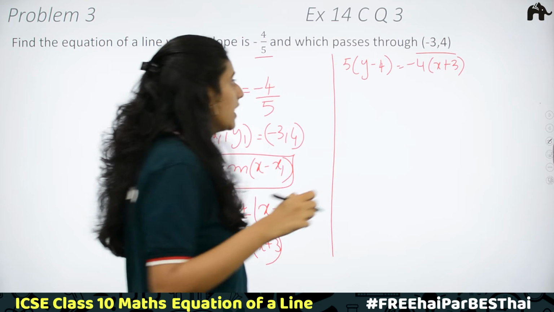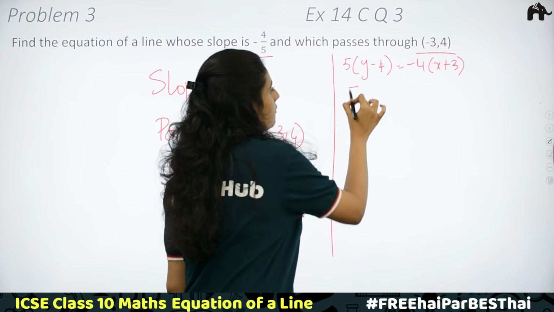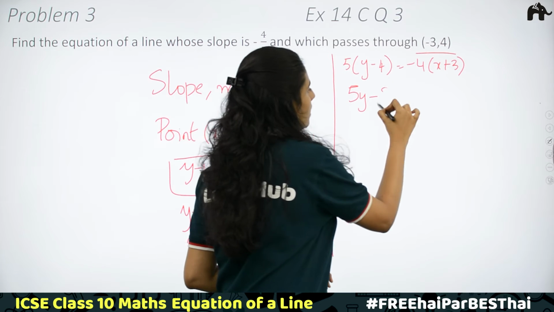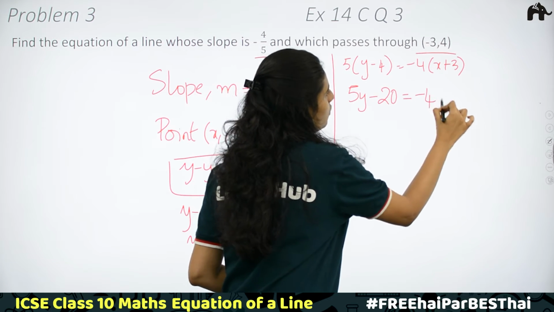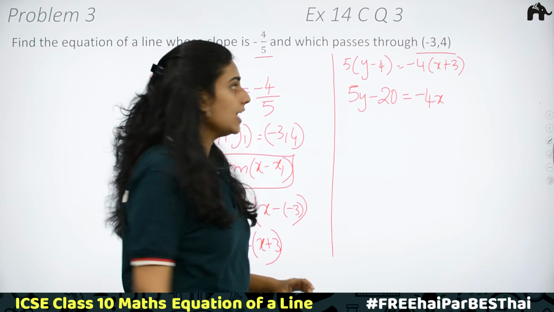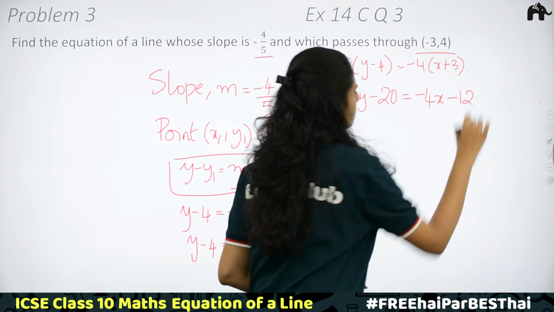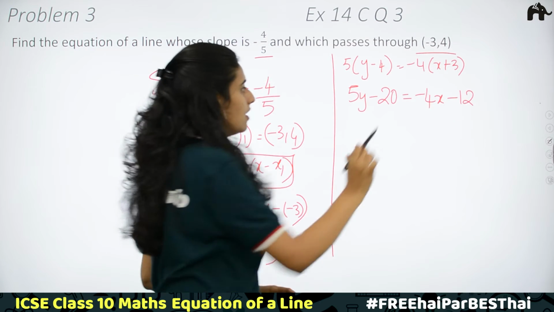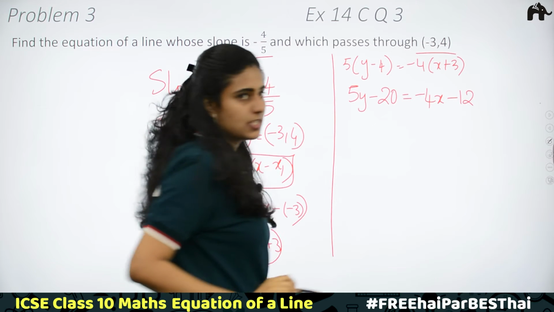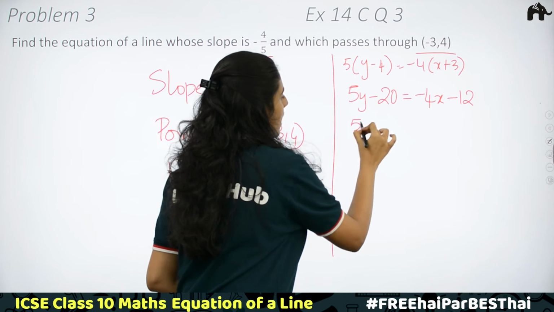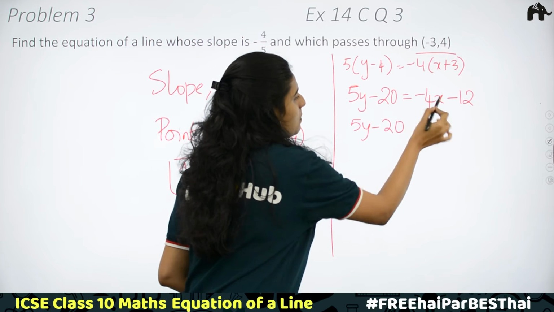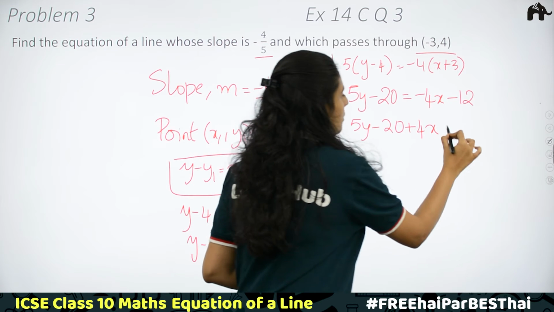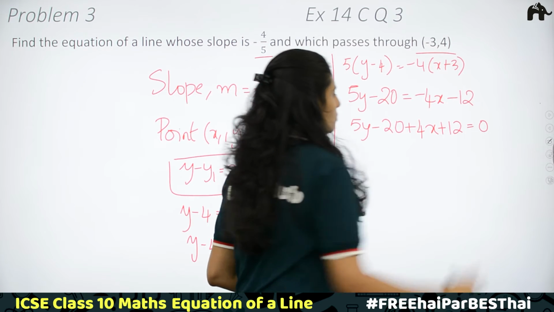Okay, removing brackets and multiplying, we get 5y minus 5 into 4, which is 20, is equal to minus 4x minus 4 into 3, which is minus 12. Taking this minus 4x to the opposite side, and also taking this minus 12 to the opposite side, it becomes 5y minus 20, minus 4x becomes plus 4x and minus 12 becomes plus 12, is equal to 0.